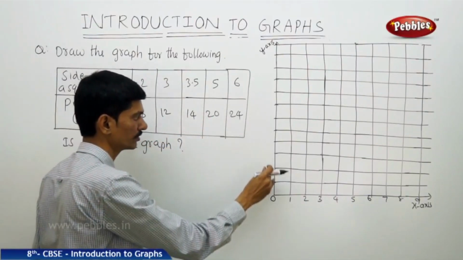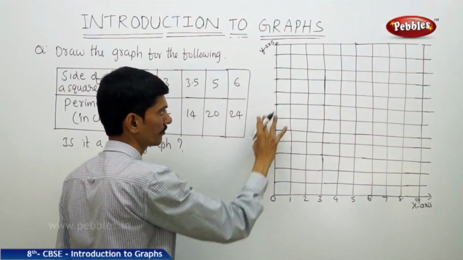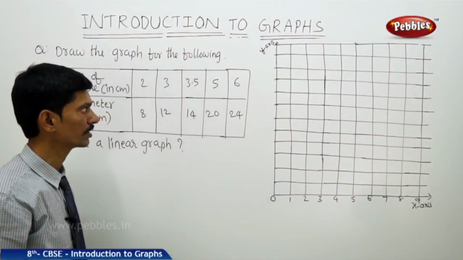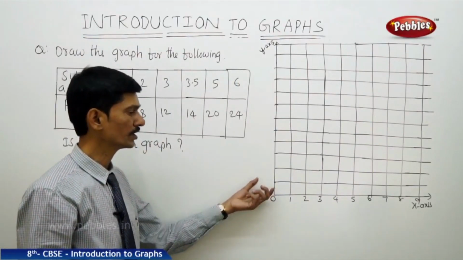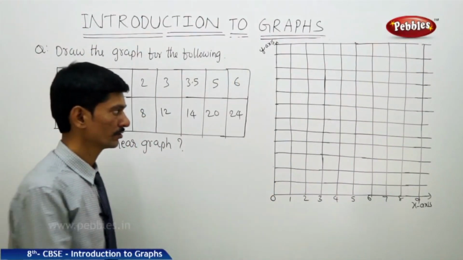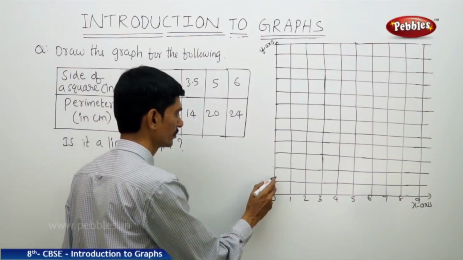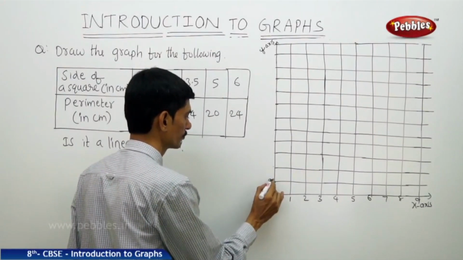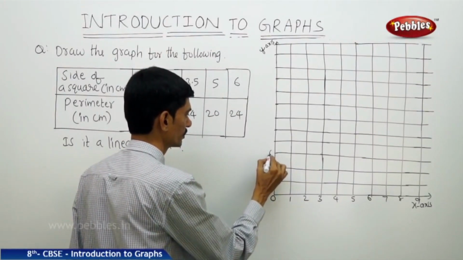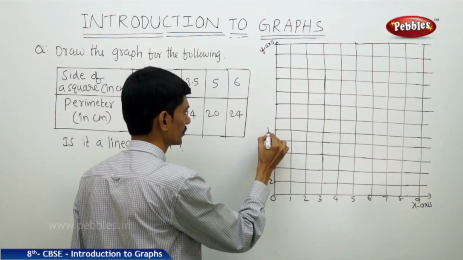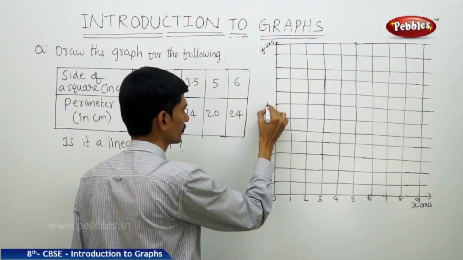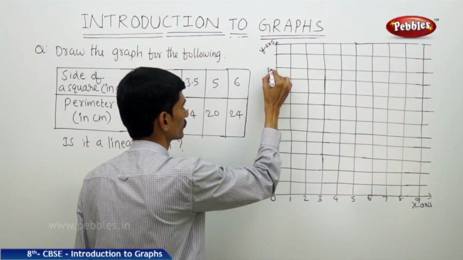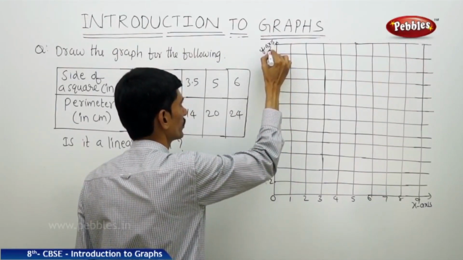If you take 1, 2, 3 and so on, then the graph sheet will not be sufficient for us. So we will choose the scale on the y-axis as 1 unit equals 2 centimeters. So on the y-axis you can take the multiples of 2: 4, 6, 8, 10, 12, 14, 16, 18, 20, 22 and 24.